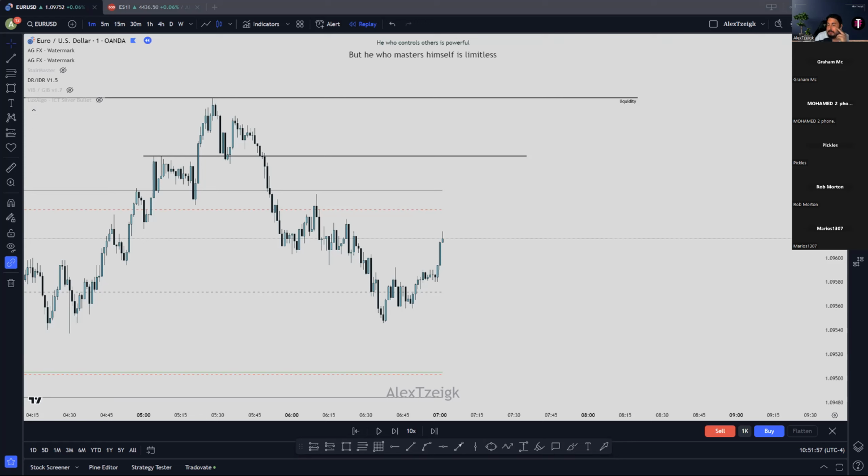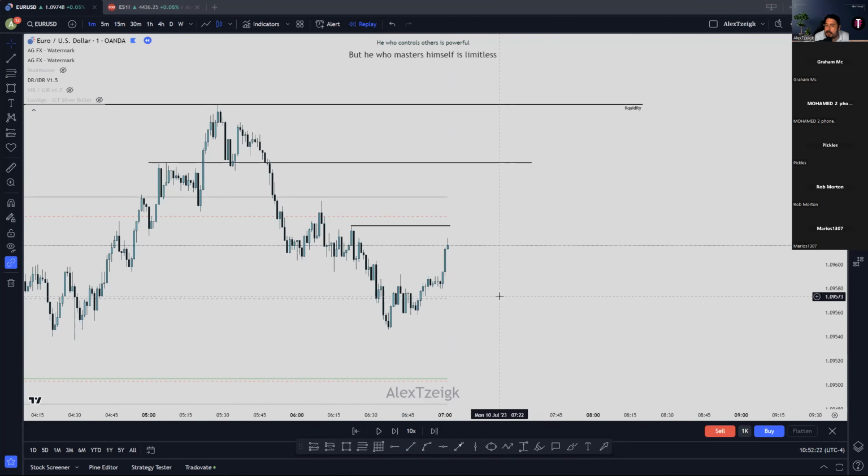I told you last time that in order for us to consider a change of character, we must see the break of the latest internal higher low that caused a lower low. In this situation, which is the high that caused a new internal lower low? For me, it is this. And at this point, I don't have a change of character, my friends.